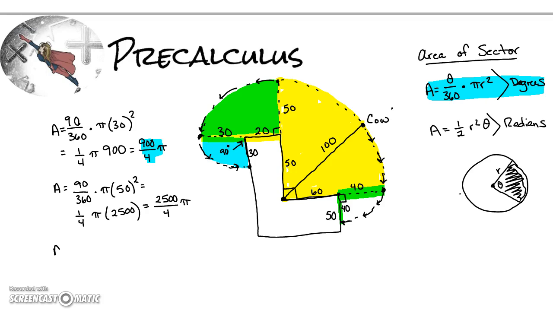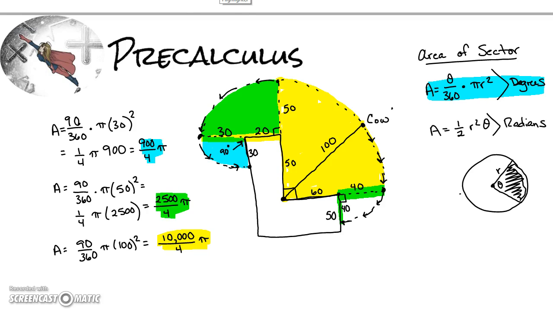So for that area, I will still have 90 out of 360 pi times 100 squared. So I'll just do the work for that. That's going to be 10,000 over 4 pi. I just simplified that right away. Okay, so this is the yellow area. Let's go back and mark that one in between right here was the green area.